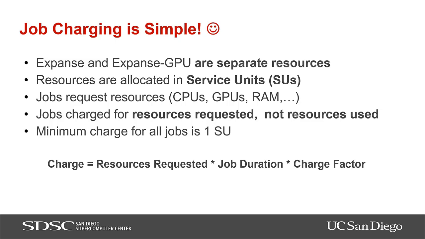So if you request 5 cores and run a serial job for an hour, you're going to get charged for all 5 cores regardless. Another important thing to note is that the minimum charge for all jobs is 1 SU. So if you run on 1 core for a couple of seconds, it's going to get charged 1 SU. But if you run on 1 core for an entire hour, that will also get charged 1 SU.